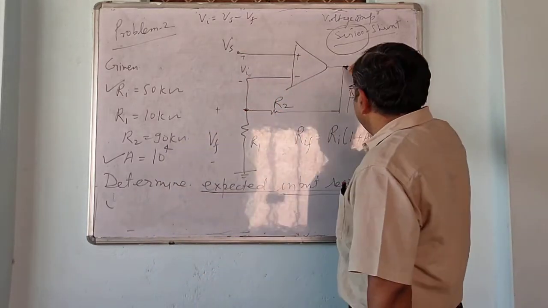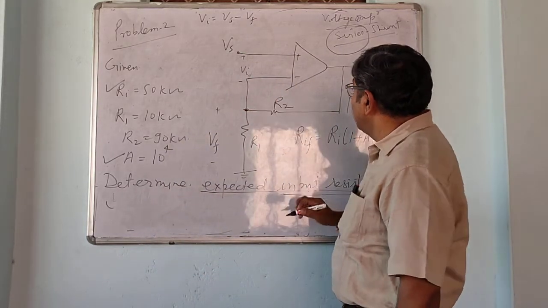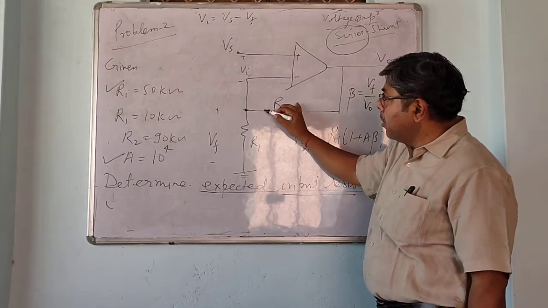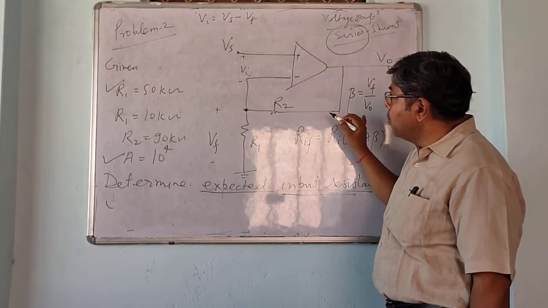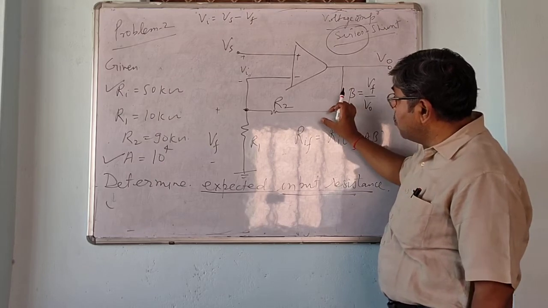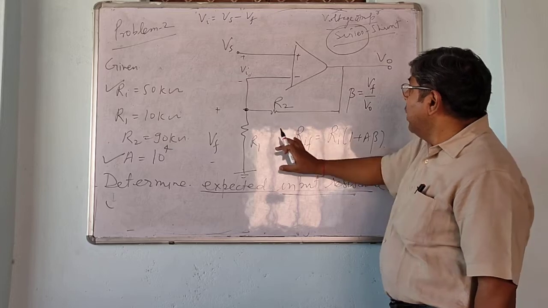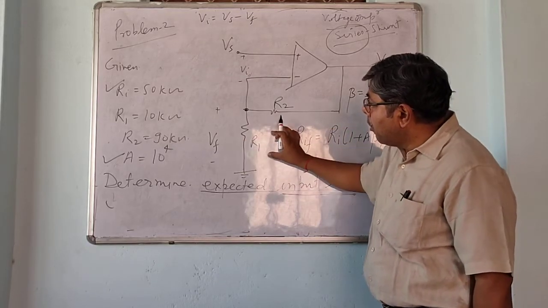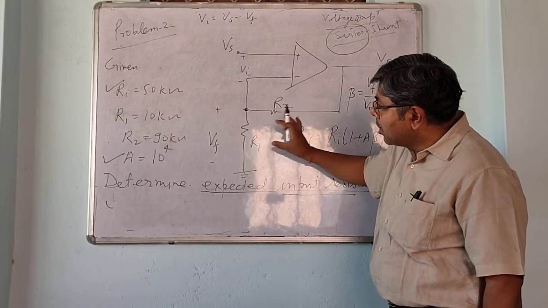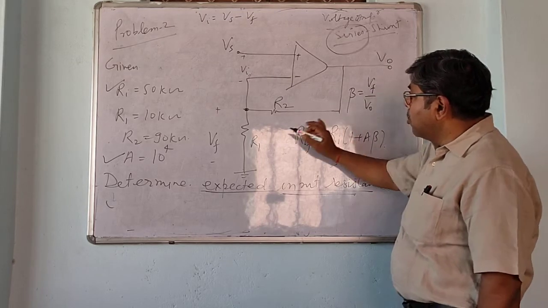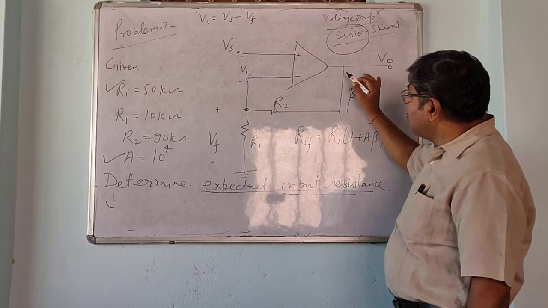And here we are using a potential divider. So V0 is the total drop across the combination of R1 and R2. This V0 is the summation of two voltages, the drop across R2 and the drop across R1. And here is the drop only across R1. So this is the voltage drop across R1 and V0 is the total drop.